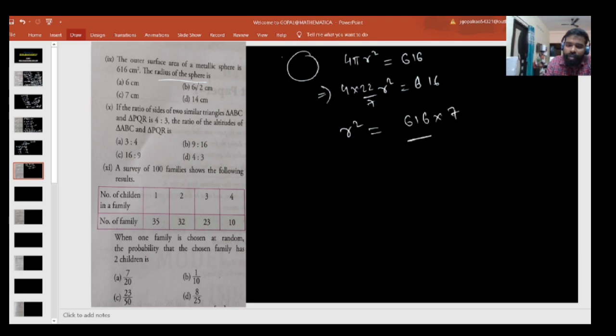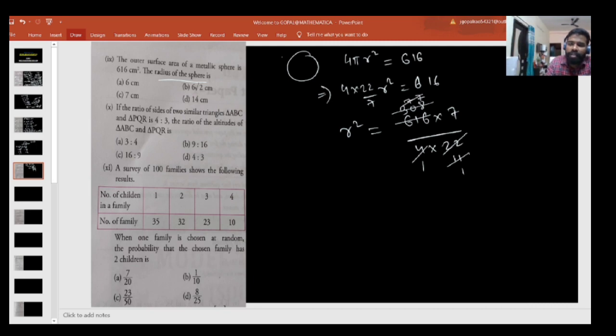616 into 7, 4 into 22. I have taken all these terms to the right side. Now let us cancel and see what we are getting. 2 11s are 22, 2 3s are 6, then 0, 2 8s are 16. So we can go with the 4 table, 4 1s are 4, 4 7s are 28, then 4 7s.